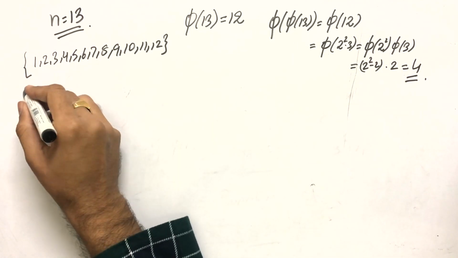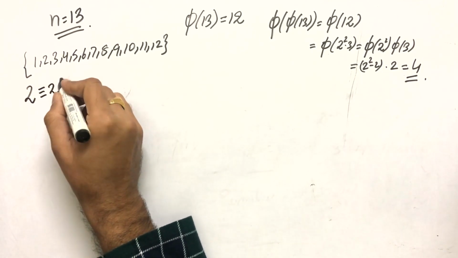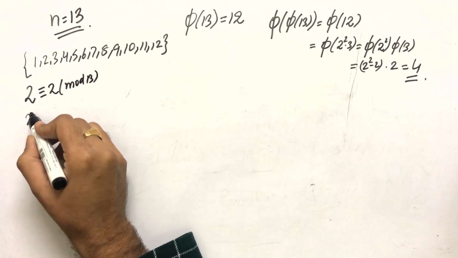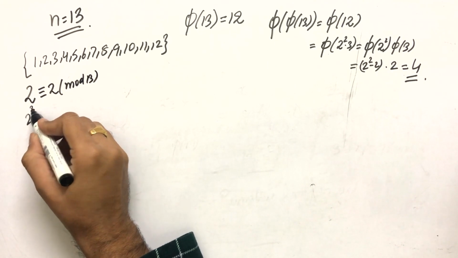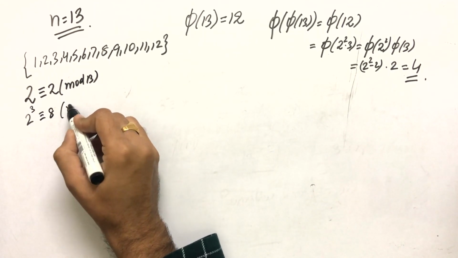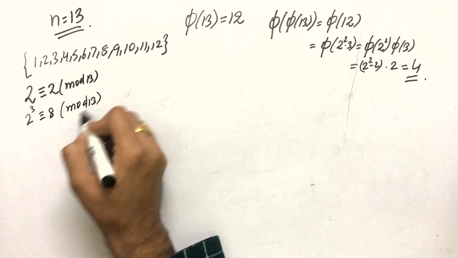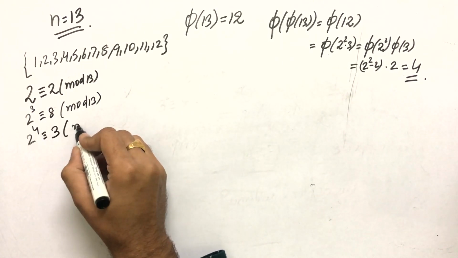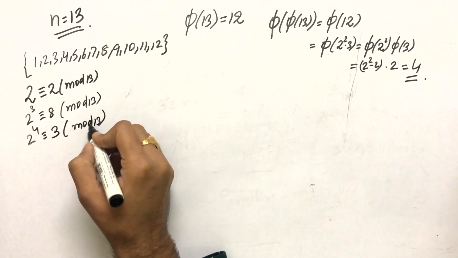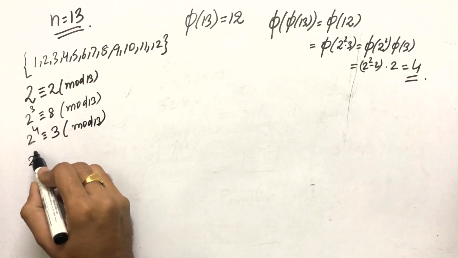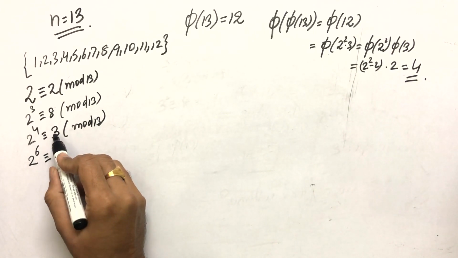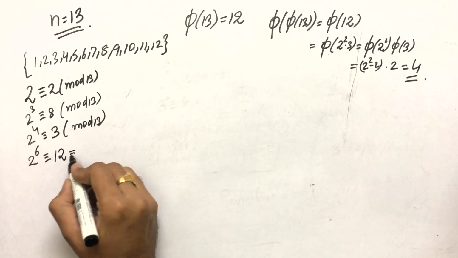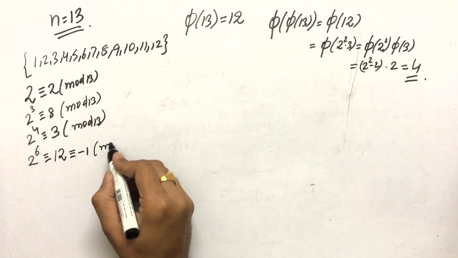Let us start with 2. 2 is congruent to 2 mod 13, and 2 square is 4. 2 cube is 8 mod 13, and 2 power 4 is 16 modulo 13, which is 3 modulo 13, and 2 power 6 is congruent to 64, that is 12. 12 means minus 1 mod 13.